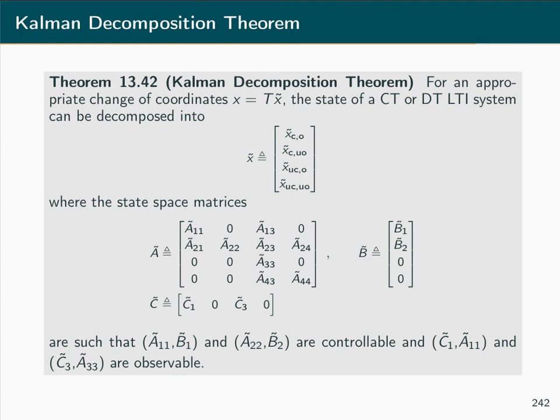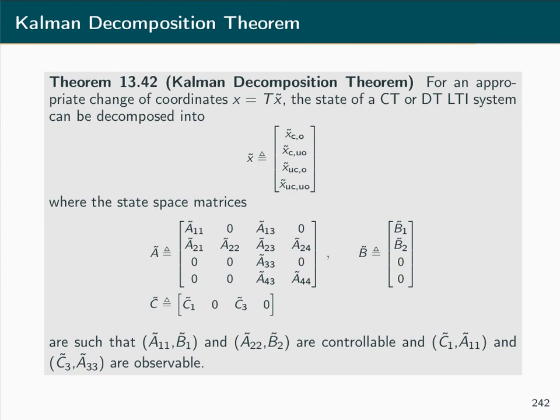And the Kalman decomposition theorem says that this is possible by choosing an appropriate change of coordinates, meaning an appropriate transformation matrix T. And if we do that, we obtain a system matrix A tilde, an input matrix B tilde, and an output matrix C tilde, which have zeros in the appropriate places.